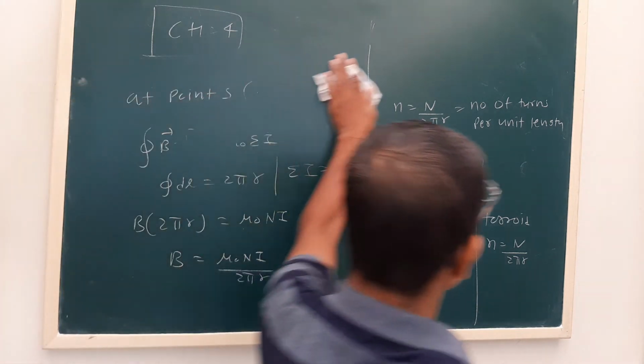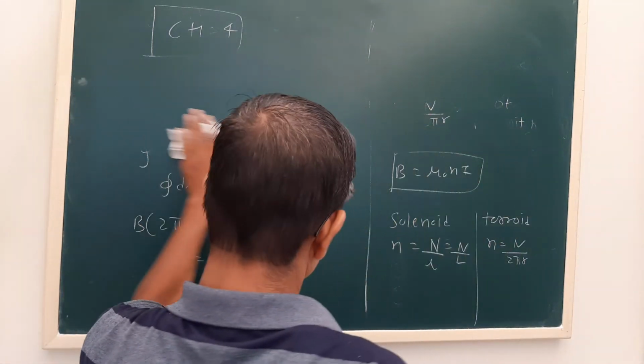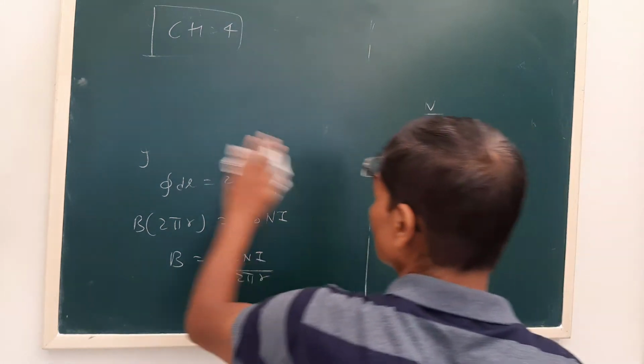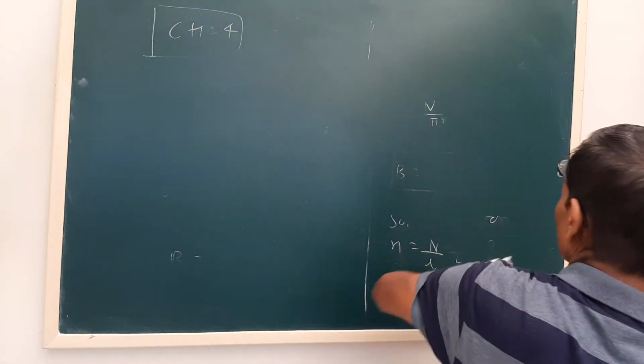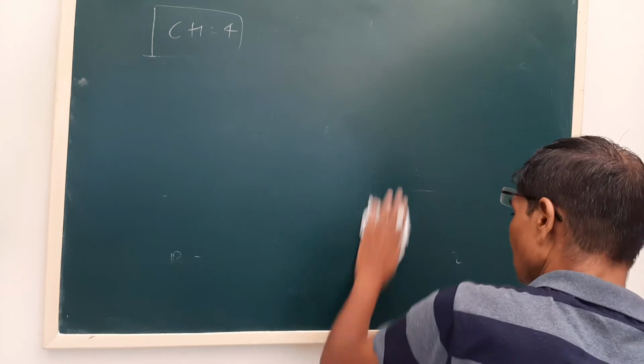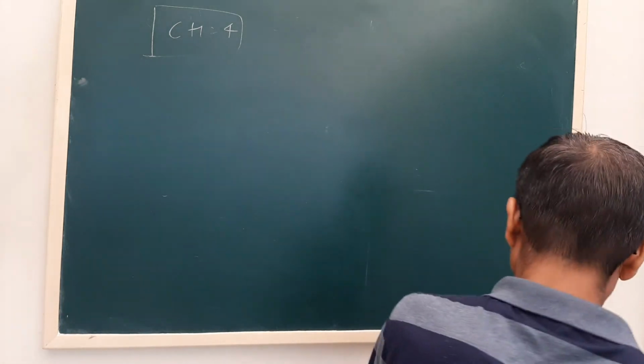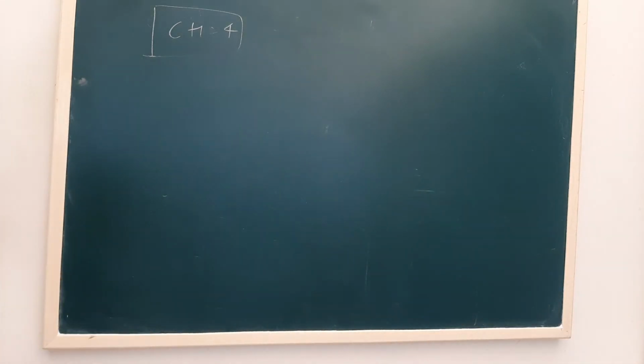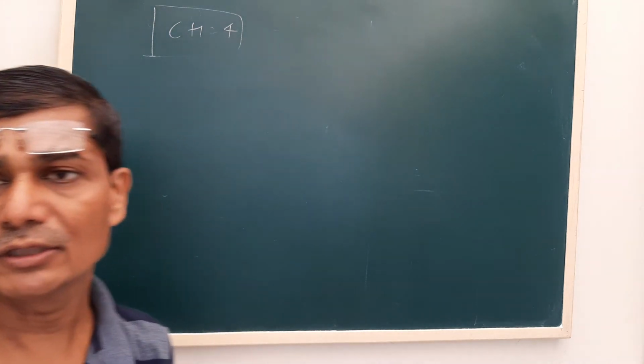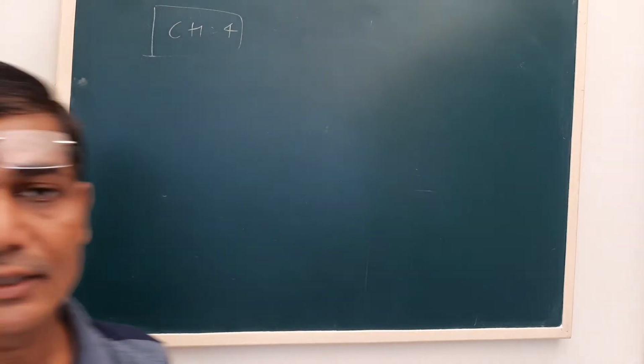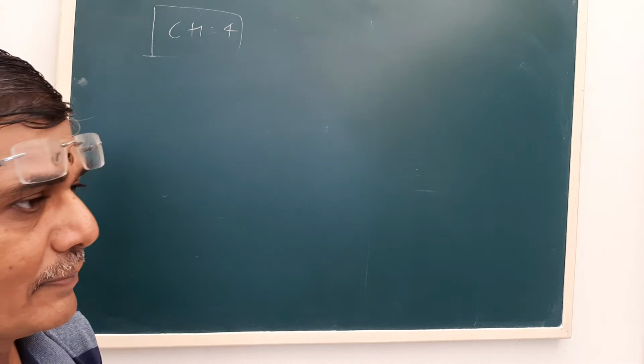Next we have to see the force acting on two current carrying parallel conductors. In the beginning of the lesson, we derived the equation of the force acting on a current carrying conductor placed in a magnetic field.